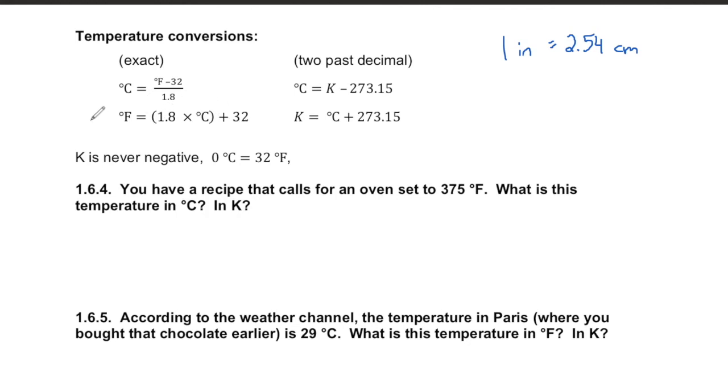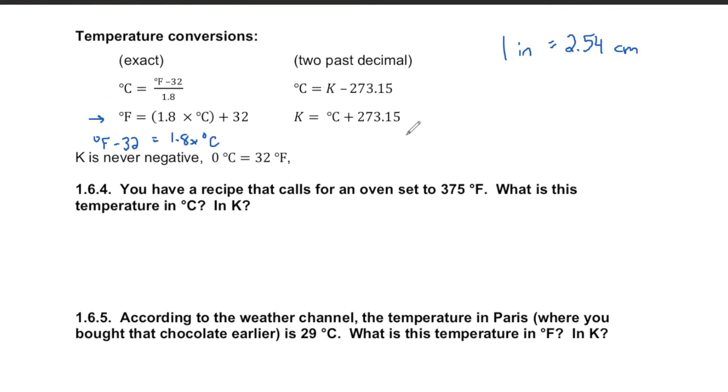Then once I have come up with this formula, I go ahead and subtract 32 from both sides, and then I divide both sides by 1.8. That gives me the Celsius alone, and it gives me degrees Fahrenheit minus 32 over 1.8. So in case that trick helps you remember which formula is which, you can use that.